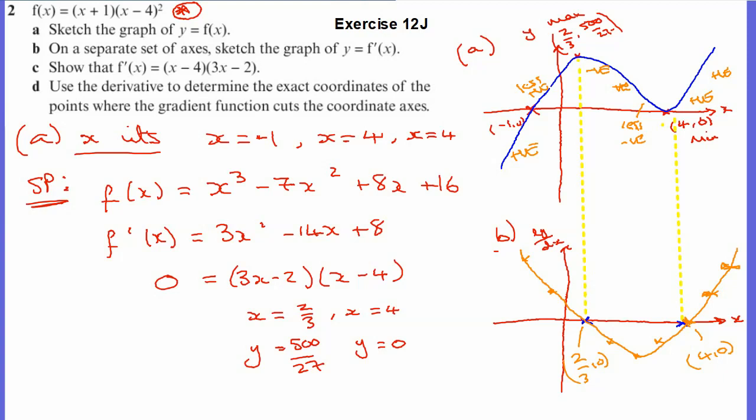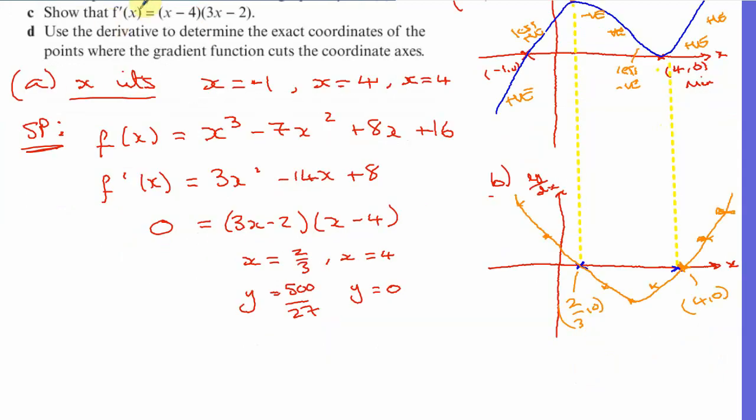So question 3, show that, we've actually done that in these 2 steps, so we're not going to do that again. And part D is actually quite a simple question because we've done the most of it. Find where the differential graph cuts the coordinate axes.